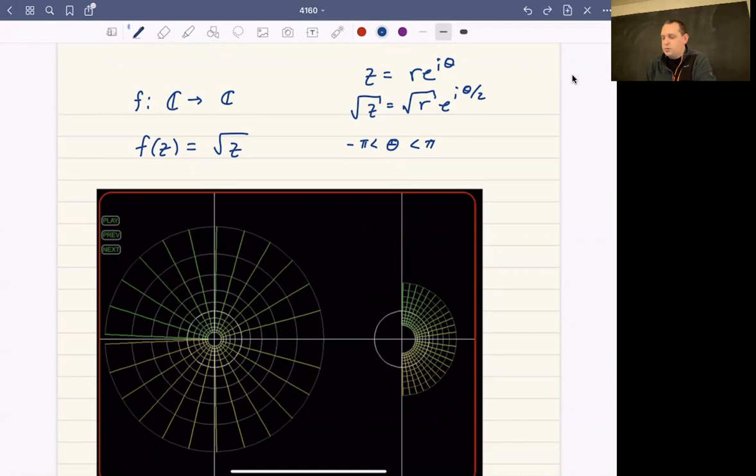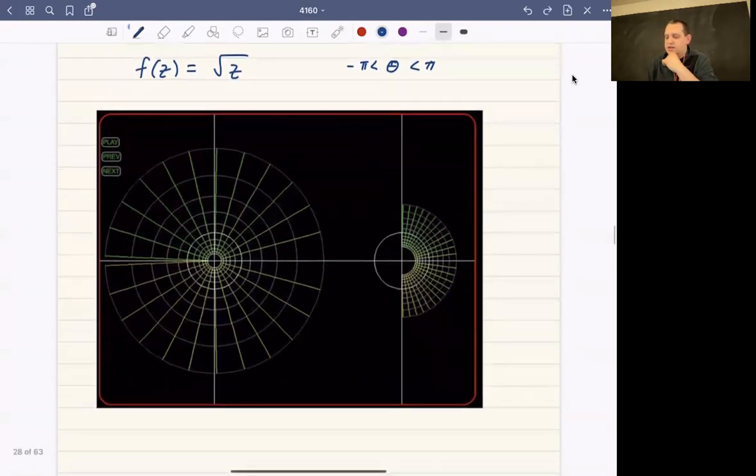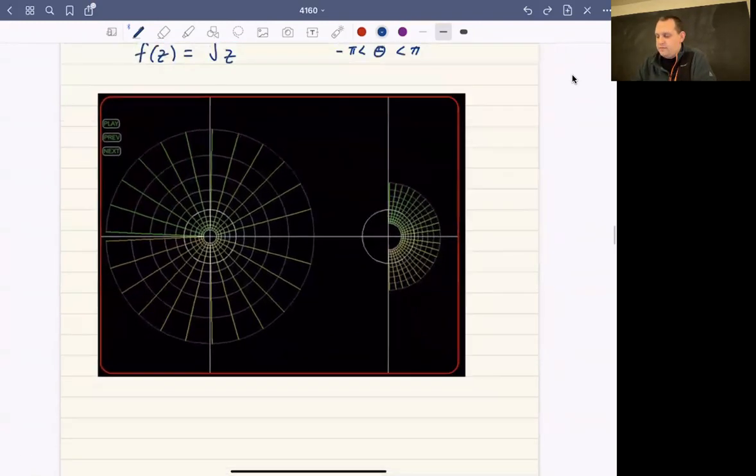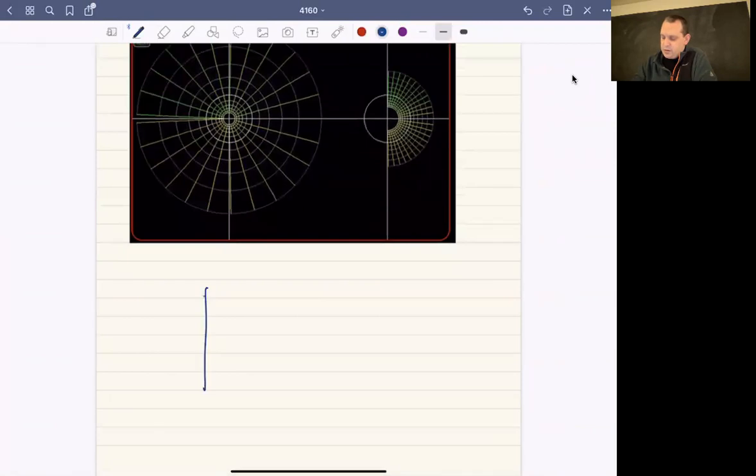And so this is what the square root is going to look like. A few things to say here. If you were to take some point and square it, we've already talked about the fact that that would double the angle, and then you would take the square of the modulus of that complex number, and that's what your value would be.